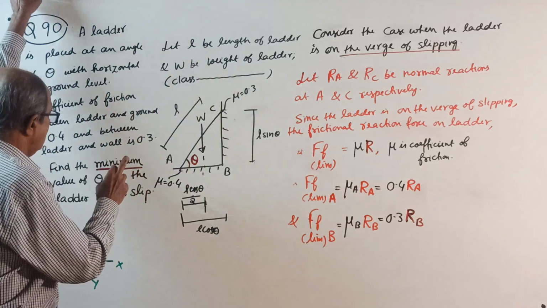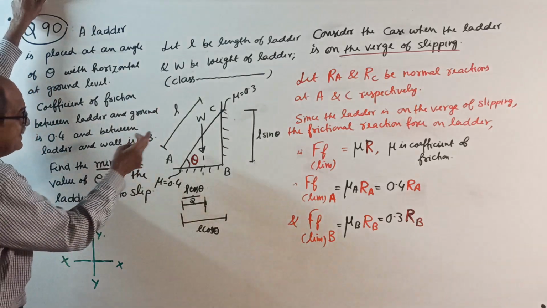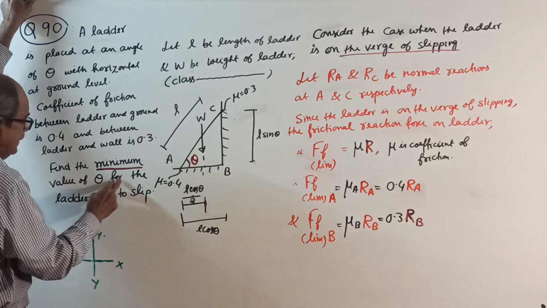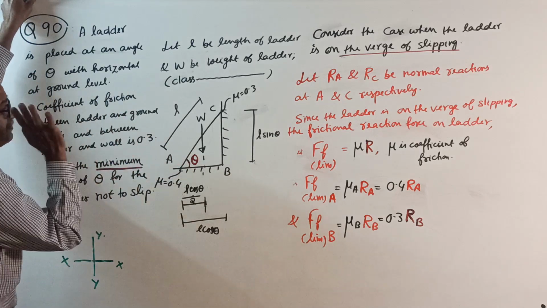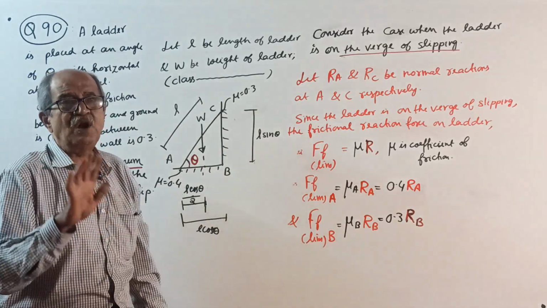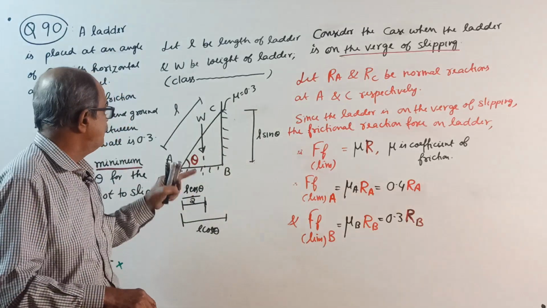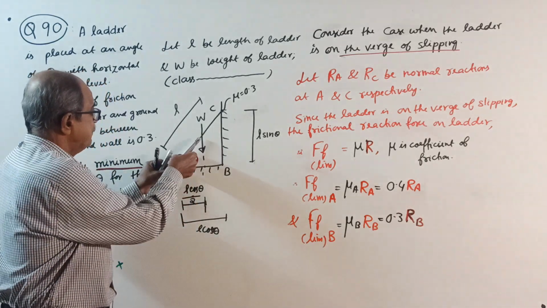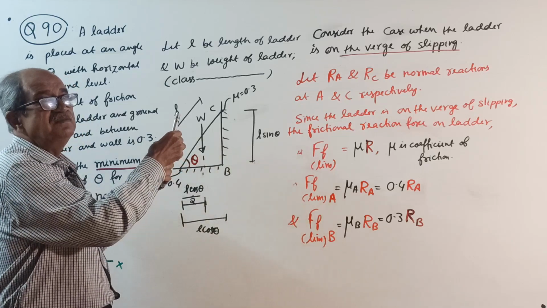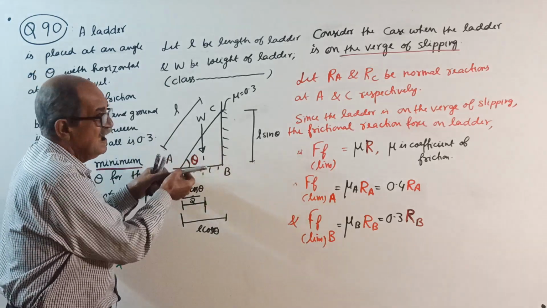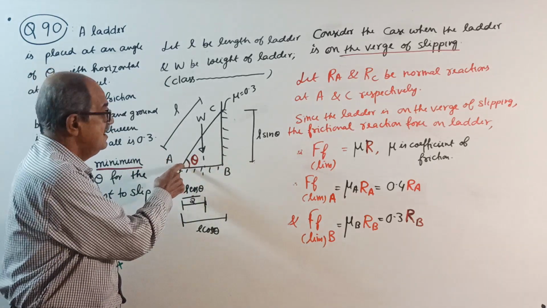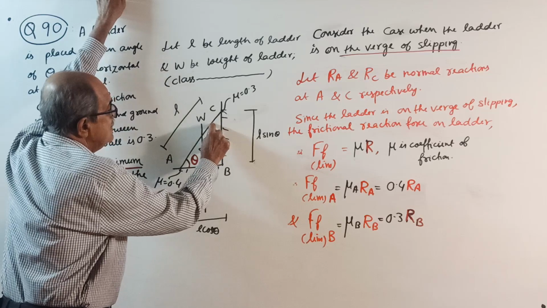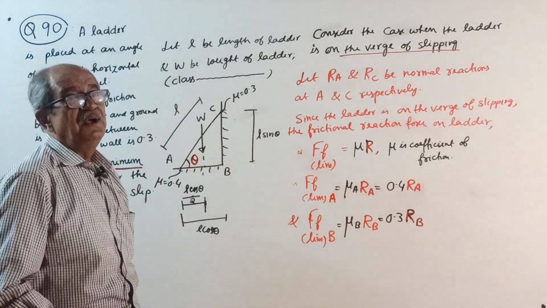They want to find, I will explain later. At present the unknown is theta: the minimum value of theta for the ladder not to slip. They want the ladder not to slip. What is the minimum value of angle theta with horizontal? Suppose you give more angle, good. But if you reduce the angle with horizontal, it will slip. But remember, if they ask about this angle, they should tell what?